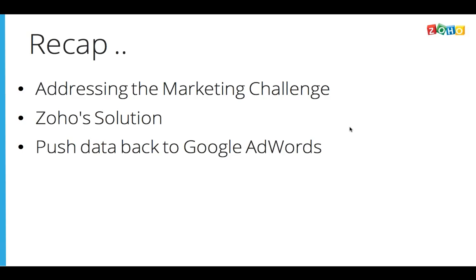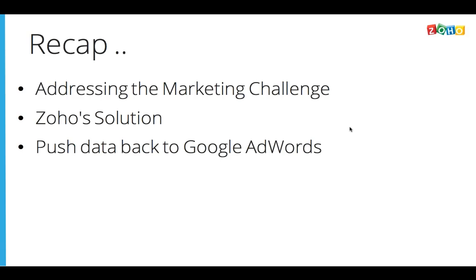That is what is addressed in the Zoho solution category, where we link the information that is passed from the Google AdWord system back into the CRM system. And then once that is done, we push the data that we have got in the CRM system back to Google in order to make the cycle complete.